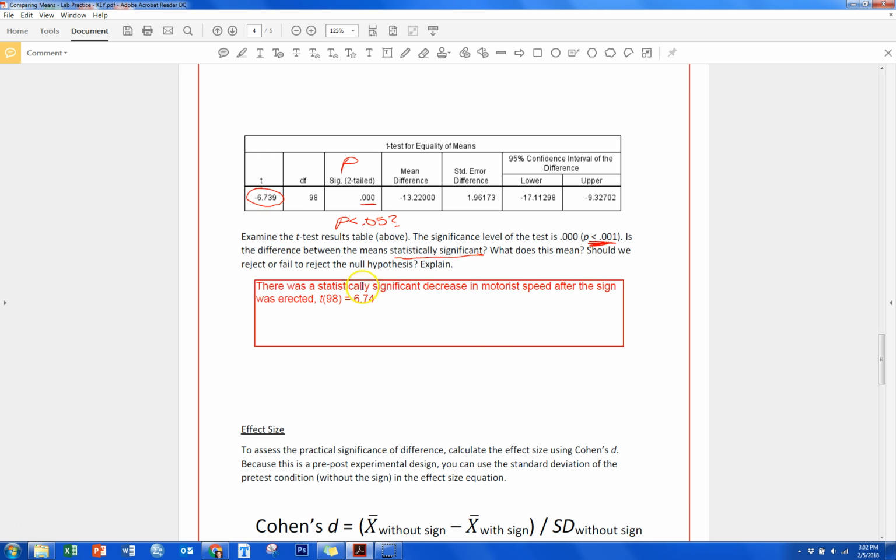It's not necessary to include that. Comma. And the p-value, p is less than 0.001, which is the next highest cutoff point. So there is a statistically significant decrease in motorist speed after this sign was erected. Should we reject or fail to reject the null hypothesis?